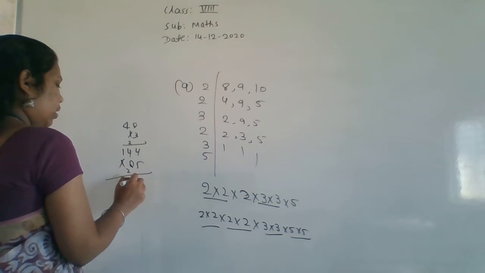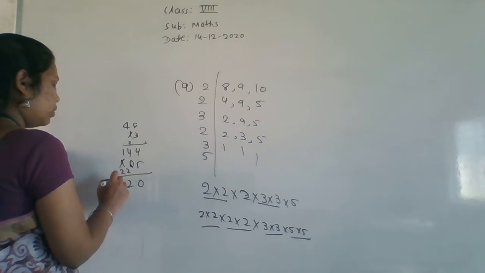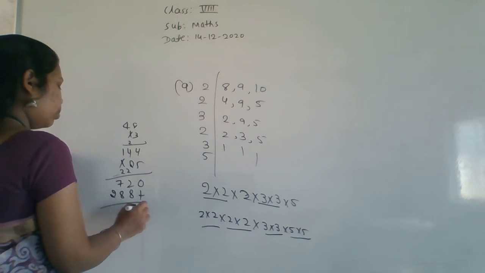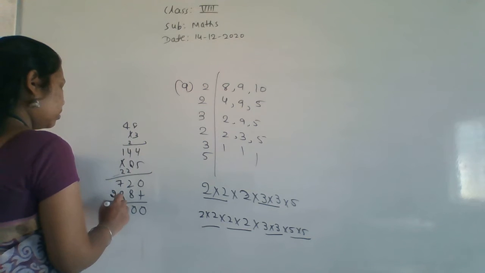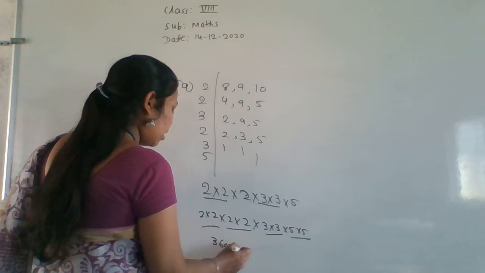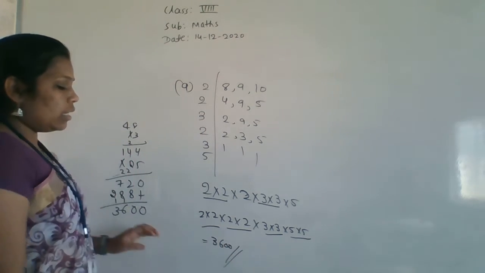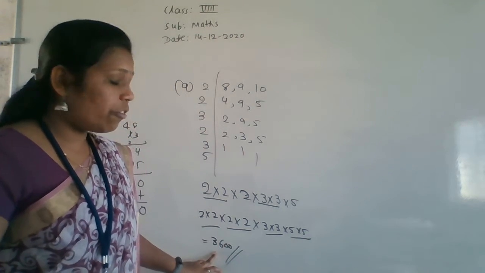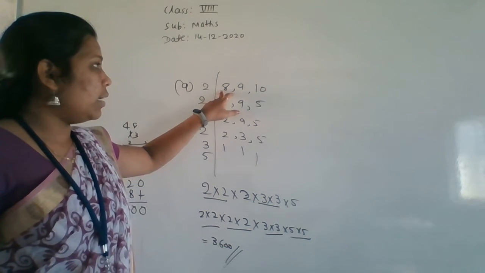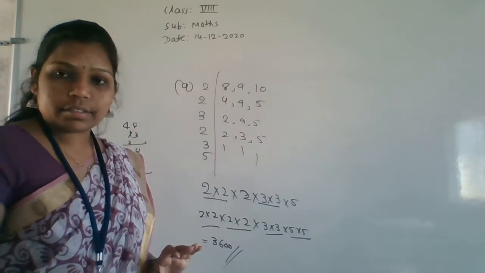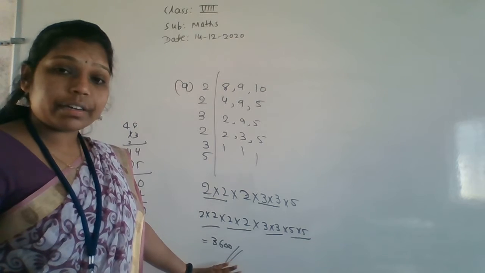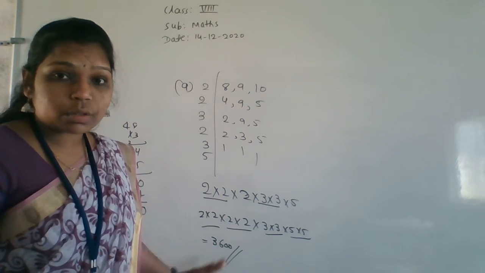That gives 3600 as the answer. This is the smallest perfect square number which is divisible by 8, 9, 10.